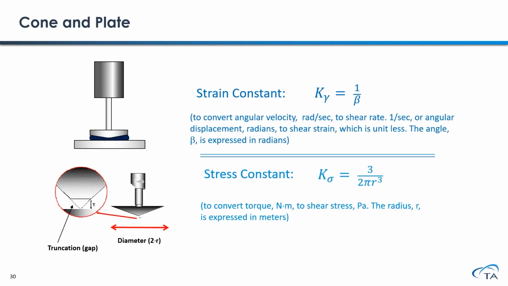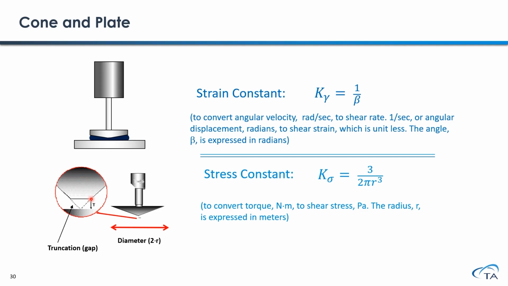First of all, let's talk about the application of using a cone and plate geometry. The cone plate geometry is designed with this conical shape. At the center, it is truncated. So when using a cone plate geometry, you're not allowed to vary your measurement gap. Your test gap must equal the truncation of your specific cone geometry.